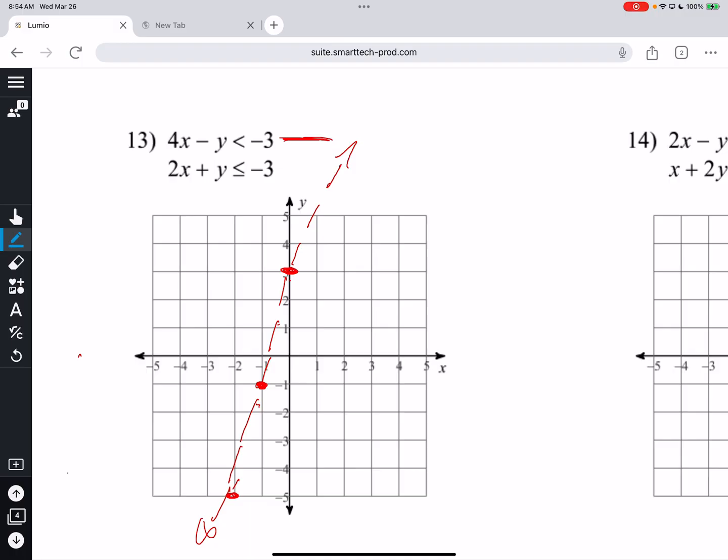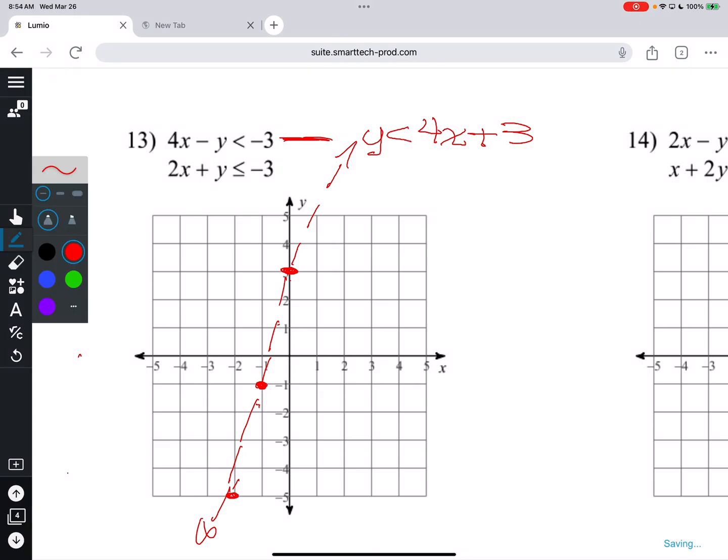How did you rewrite the first equation, Charlotte? For my first one, I got y is less than 4x plus 3. And then for my second one, I got y is less than or equal to negative 2x minus 3. Okay, hold on.